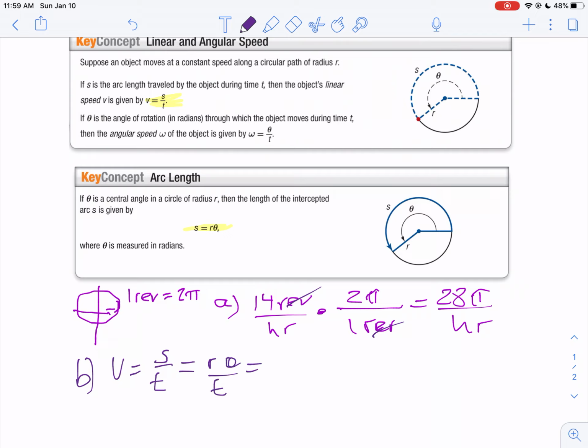If I write that as r times theta over t, there is your angular speed, equals r times omega. So linear speed is the radius times your angular speed.